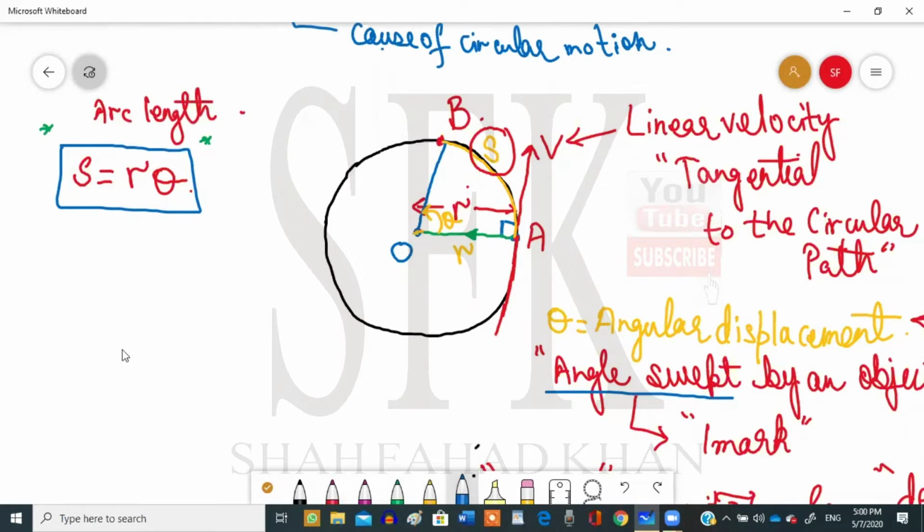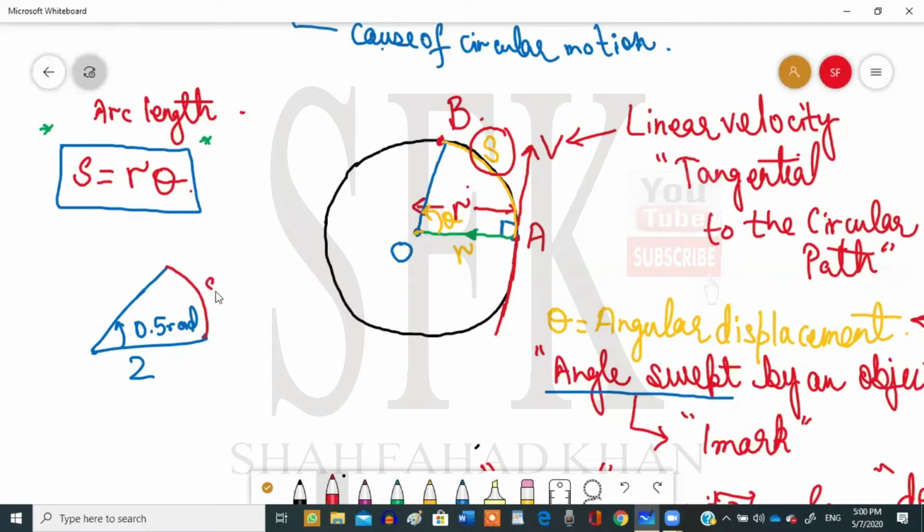For example, if I have an object moving on a circular path, and its radius is, let's say, 2 meters, and the angle that it covers is 0.5 radians, how do we calculate the arc length S that it covered?